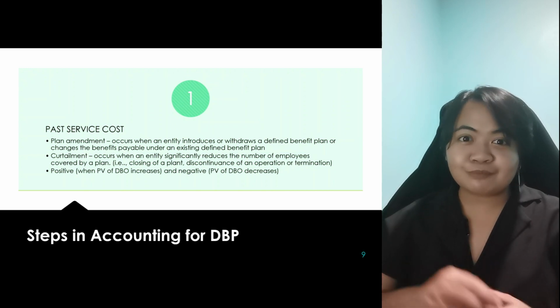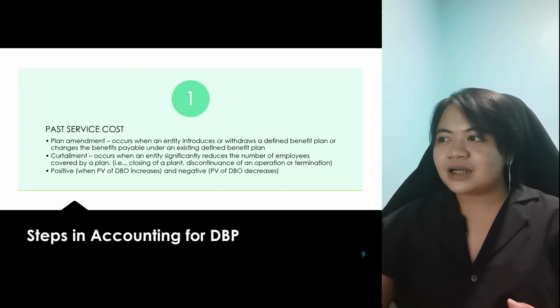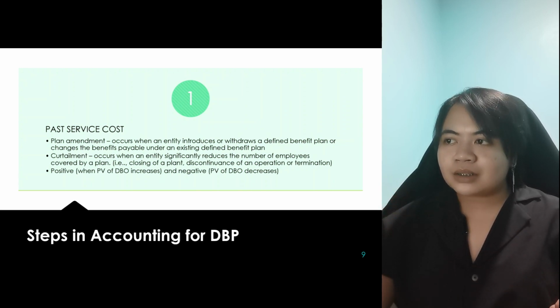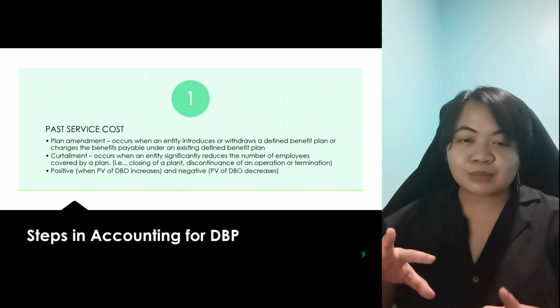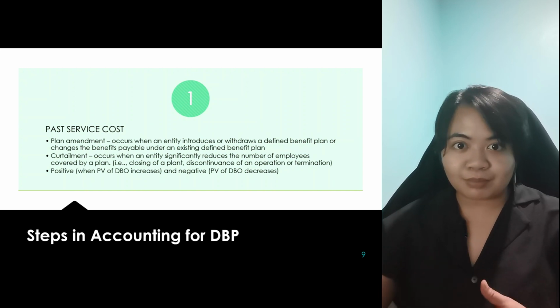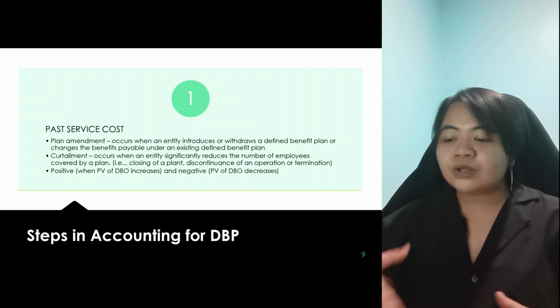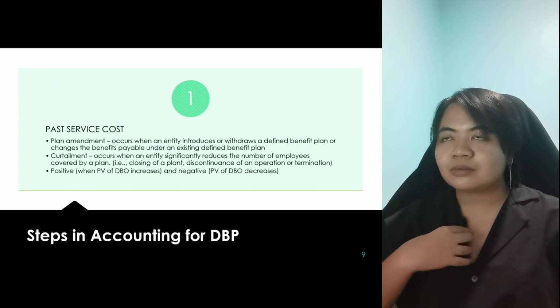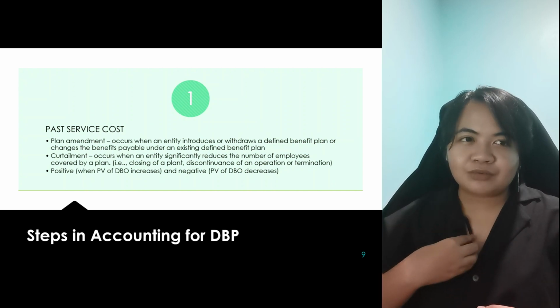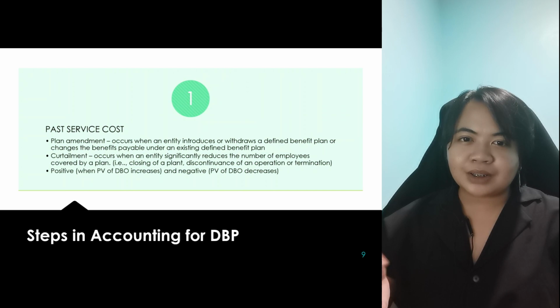Significantly reduces the number of employees due to reasons like, nagsara yung planta, nagkaroon ng discontinuance of an operation kasi syempre hindi na part ng operations nila. So, natanggal yung isang segment ng operation, nag-close yung planta, or di kaya naman, kumbaga, in itself ay nagsara na yung company. Okay?